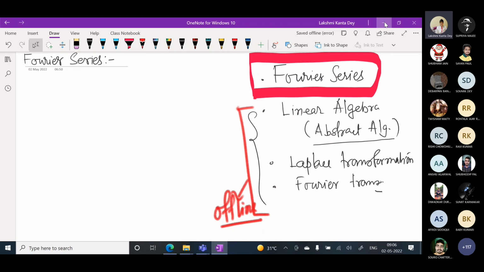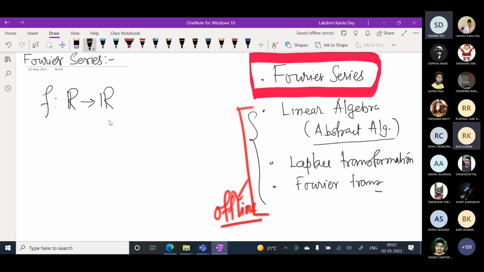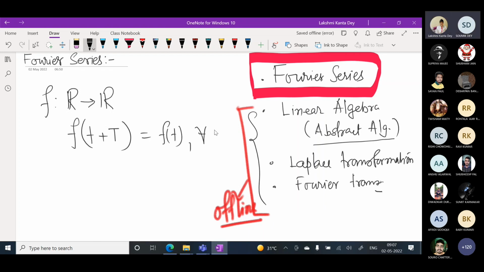What is the period of this periodic function sine x? Let me first define it. Suppose 2 by pi sin x... The period is 2 pi, yes, 2 pi is the correct answer. So what is the definition? If f of t plus capital T is equal to f of t for all t belonging to the domain, then capital T will be the periodic time for that function, where T is any positive number.